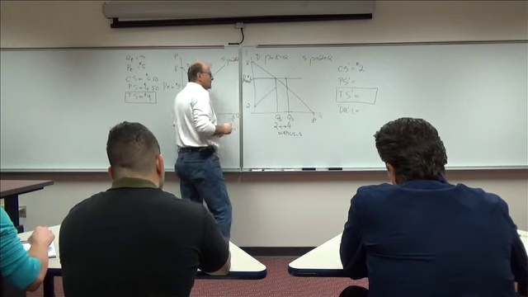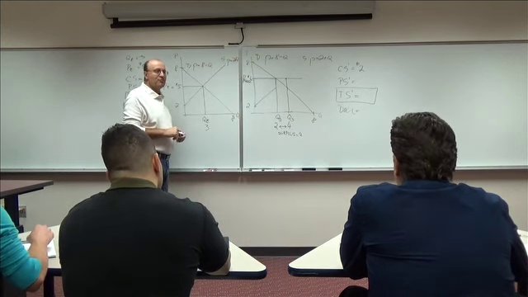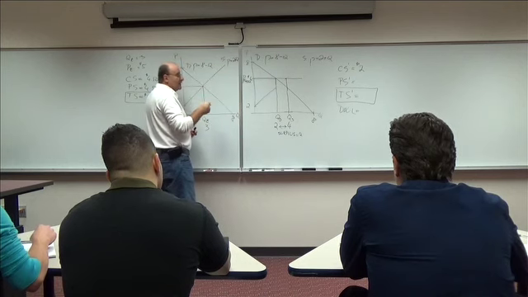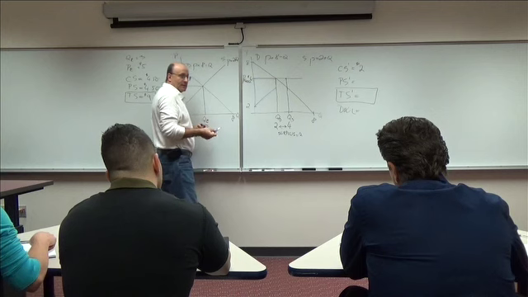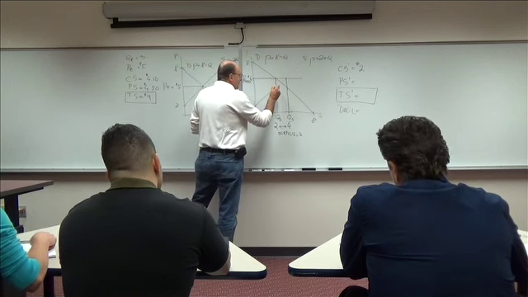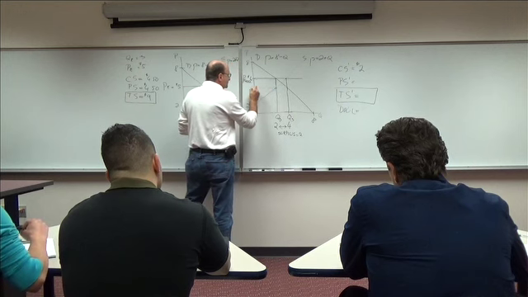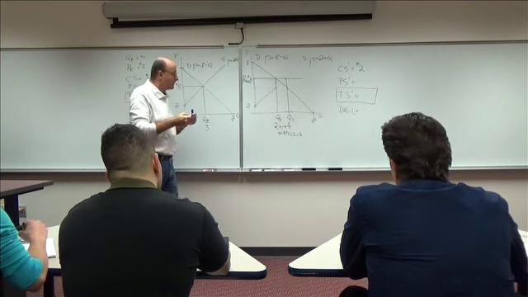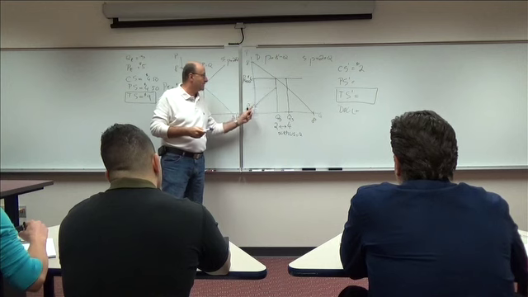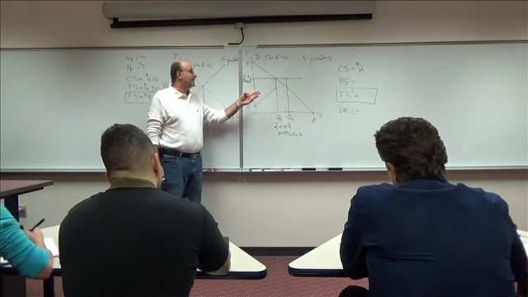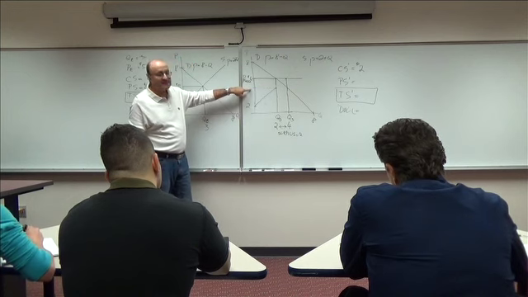So this is the area representing the size of the producer surplus. Again, it's a trapezoid. In order to find the area of that trapezoid, we have to break it down into the top rectangle and bottom triangle. To find the area of the rectangle and the triangle, we have to find this particular number.